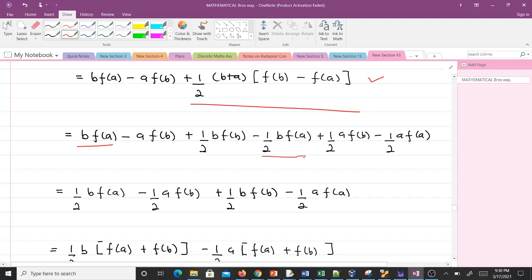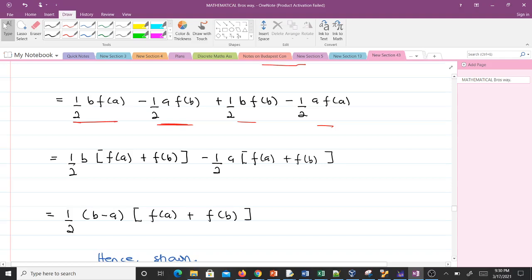So you're going to get b f of a minus 1 over 2 b f of a. So we just take half from this, and that will give us 1 over 2 b f of a. Okay, all right. Then when it comes to this one, we have minus a f of b, and we have plus half a f of b here. So that one will give us minus 1 over 2 a f of b. Then the rest will be maintained.